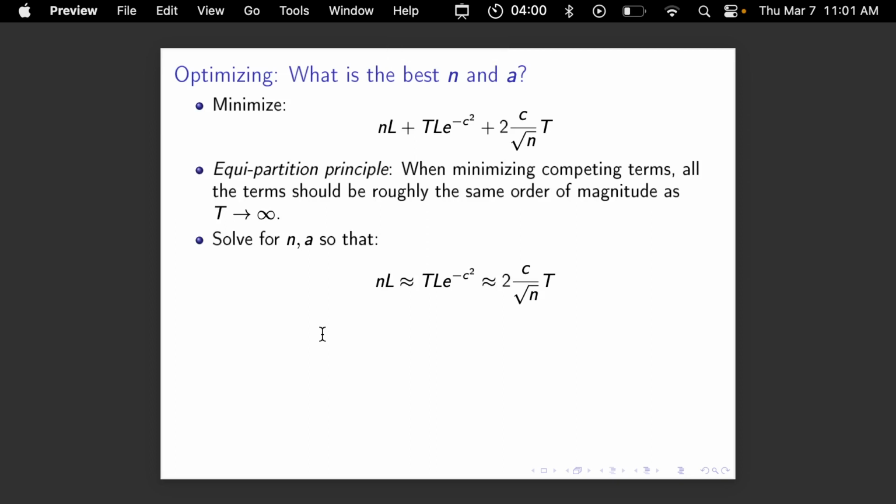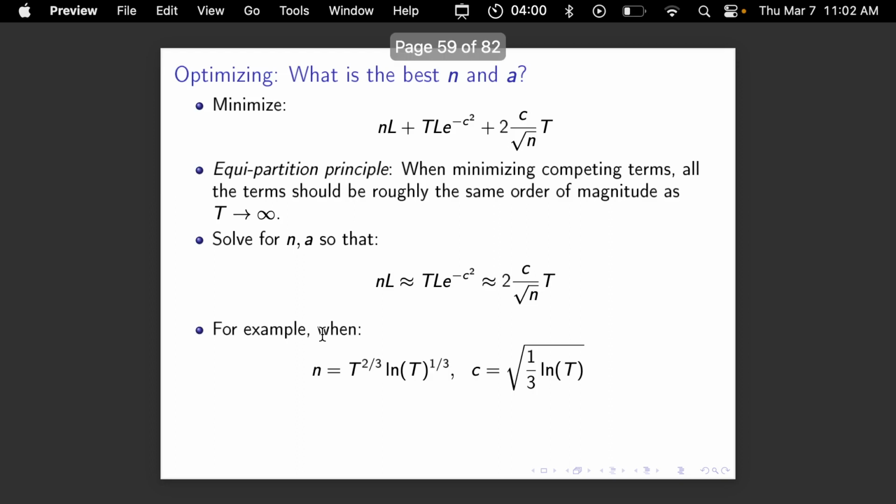And so n should be approximately this much, and c approximately that much. I'm going to go over this slightly quickly because I don't want to spend too much time just optimizing some equation here. When n is t to the 2/3 and c is the square root of 1/3 log t, you might say, why do you have a square root of a log? Well, it comes with an e to the minus c squared.